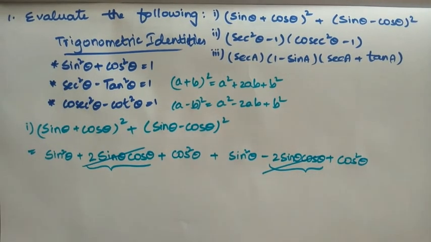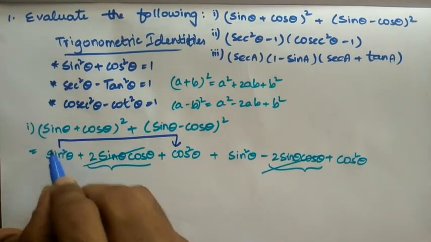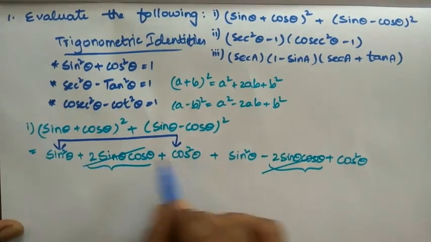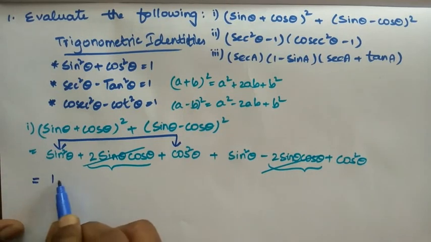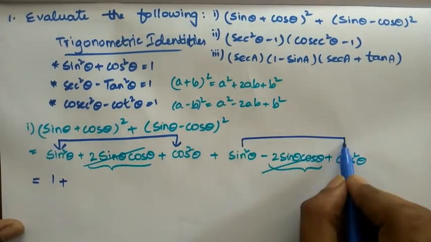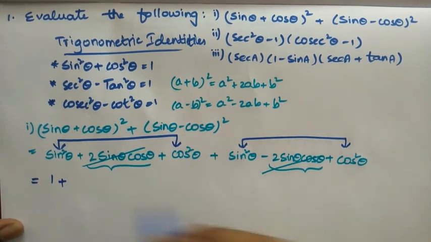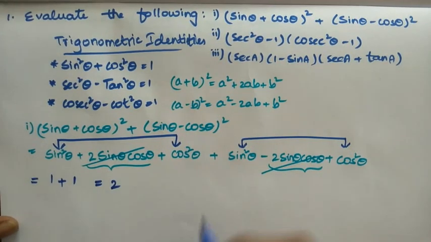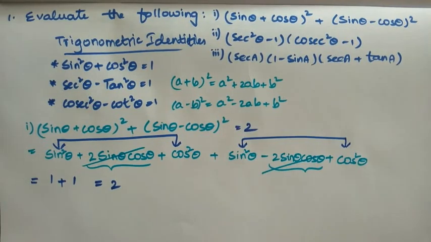Observe that we have sin square theta plus cos square theta, which by the identity is equal to 1, and again the second one is sin square theta plus cos square theta, which is 1. So 1 plus 1 is 2, and the value is 2.